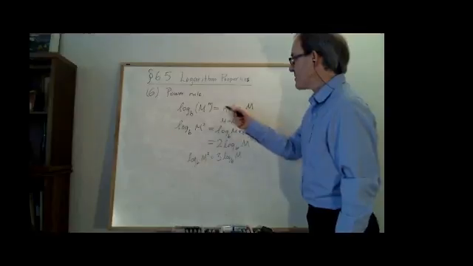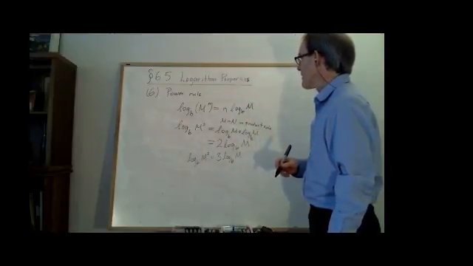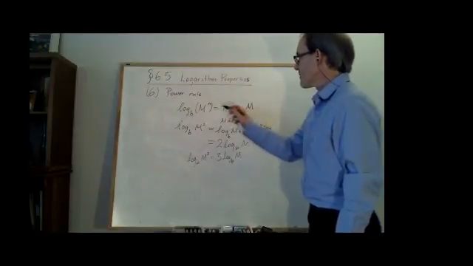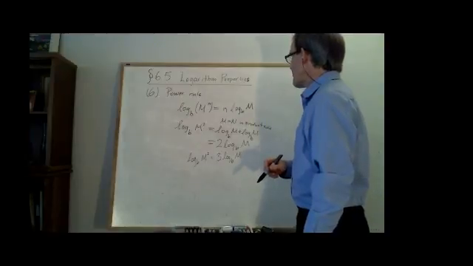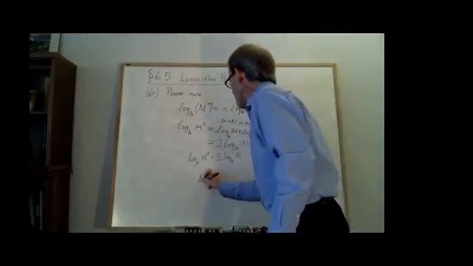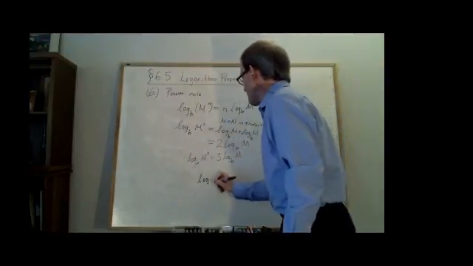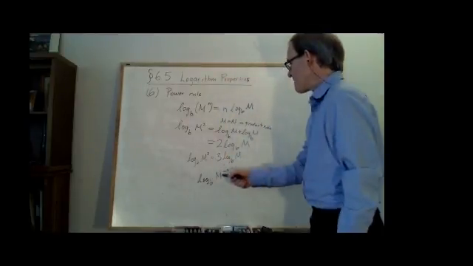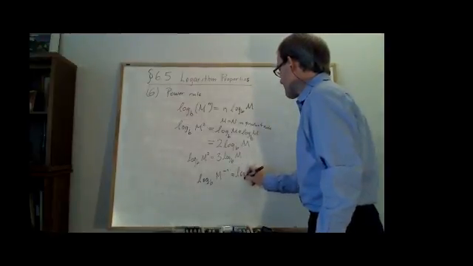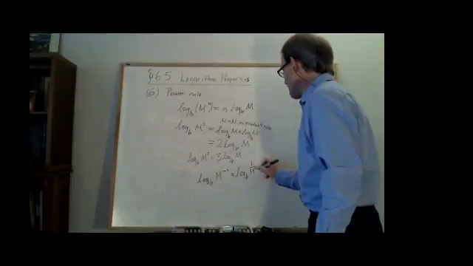Now n can be made into any real number, positive or negative. If you have a negative integer here, then you can use the quotient rule. The quotient rule says this is just log base b of 1 divided by m to the n.